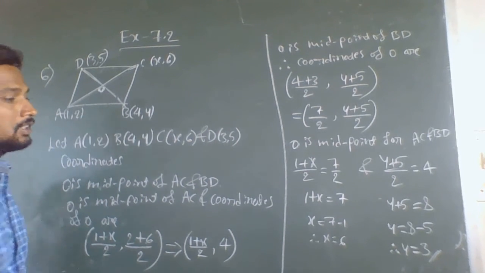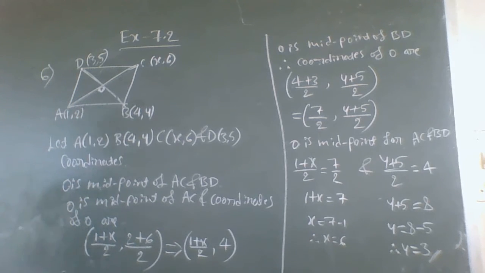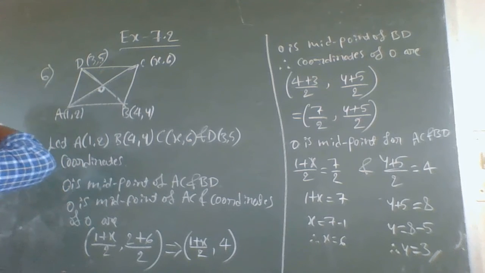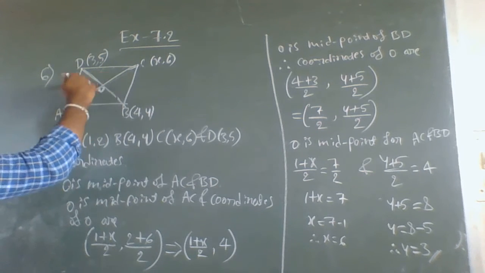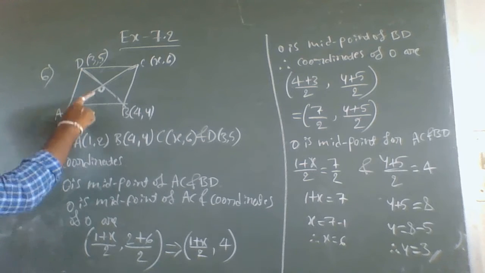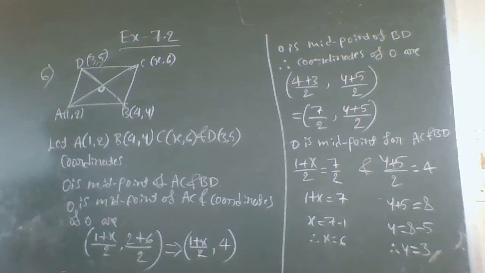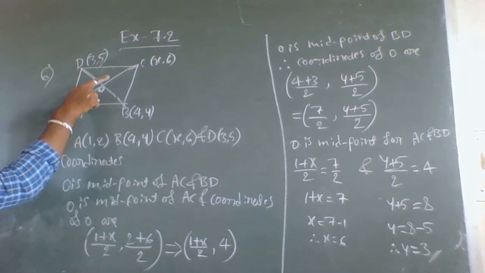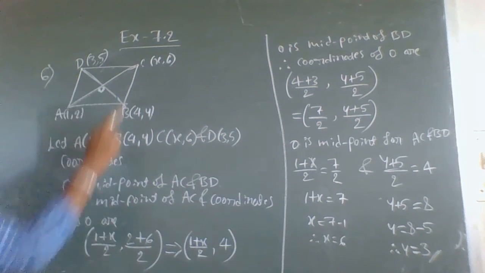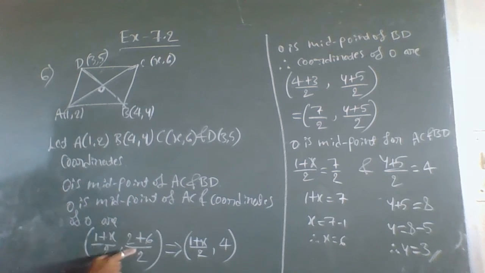These are the x and y values. What we did here, we considered four vertices of the parallelogram and two diagonals, and O is the midpoint. We know the property diagonals bisect each other in parallelogram, so that O is midpoint for both the diagonals. So by midpoint formula, we consider first AC diagonal. Here x1 and x2 divided by 2 means 1 plus x by 2, next 2 plus 6 by 2.